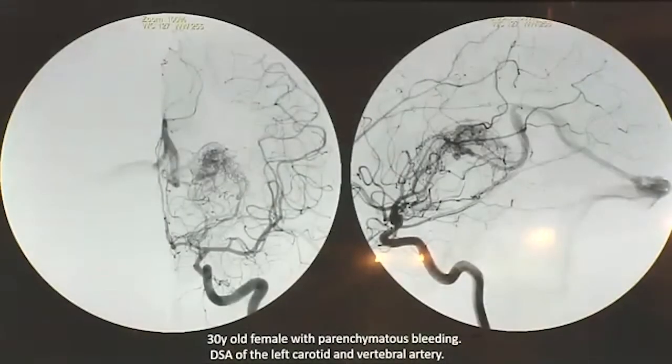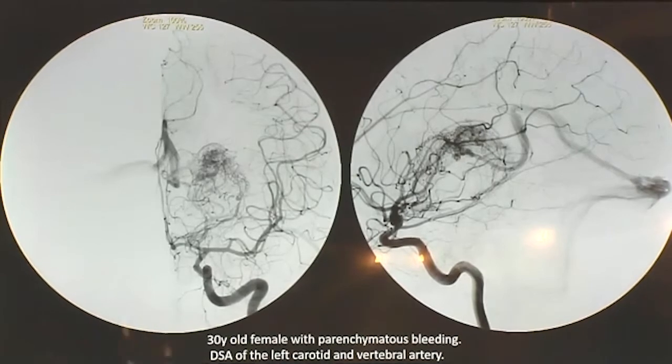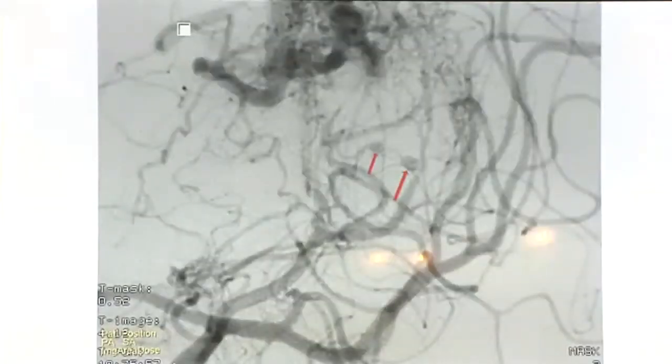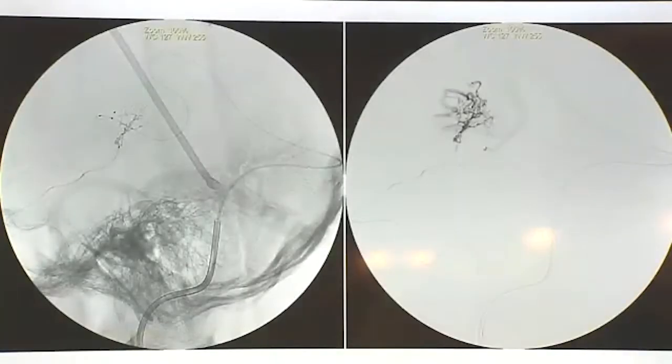The next patient, a 30-year-old female with parenchymatous bleeding. DSA shows a deep thalamic AVM. It's impossible to treat with radiosurgery. This is the vertebro-basilar system, and you can see lateral and medial choroidal arteries, 2 small aneurysms, and a combined arteriovenous approach.